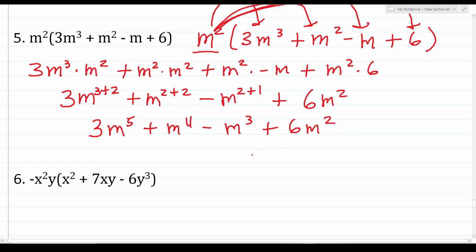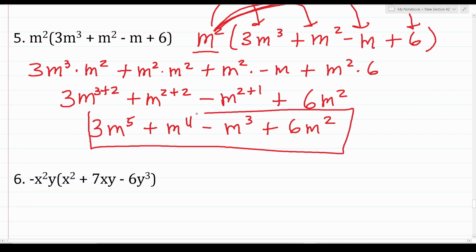When you're expressing these polynomials, you write them such that the terms with the highest powers come first. So here we have a power of 5. You write that before any other power, and then we have 4, 3, 2. So again, when you write these polynomials, the highest order powers come first, and you can see that that is the case in this one. We go 5, 4, 3, 2.